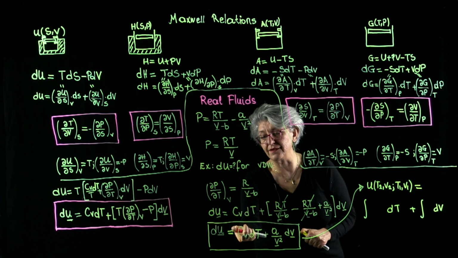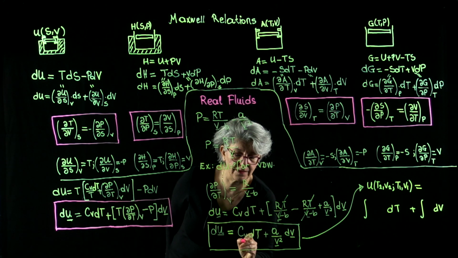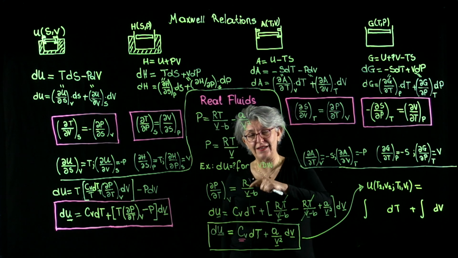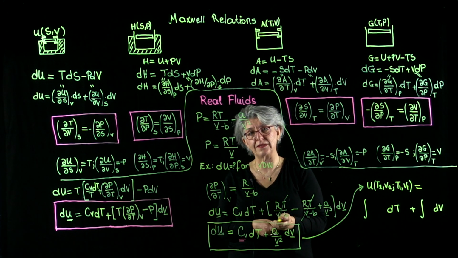Either we need a real fluid heat capacity C sub V, or we need to take a route that goes through the ideal gas state. That's going to be discussed in the next video.